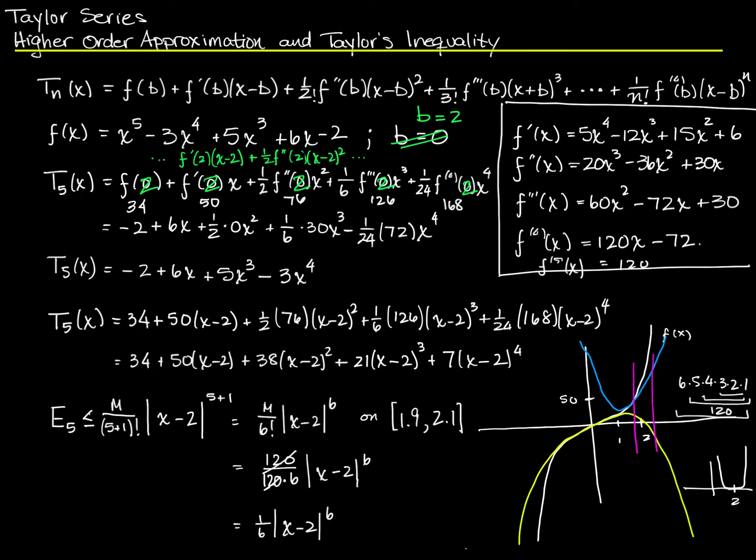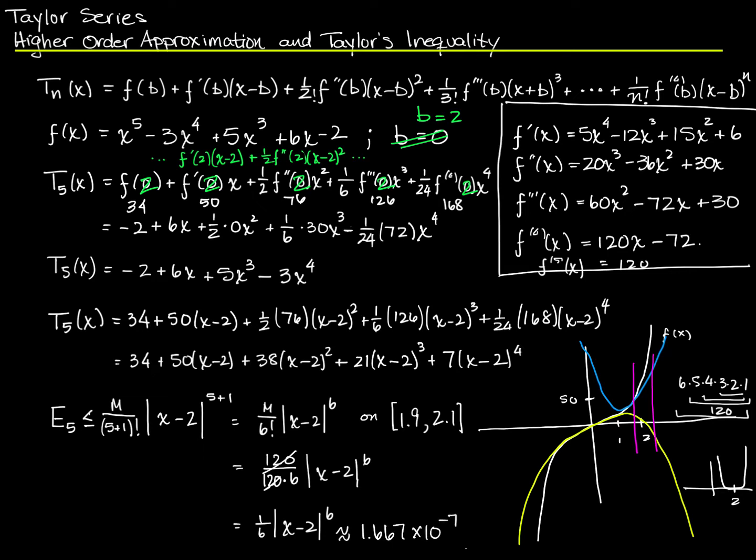Those are 1.9 and 2.1. So if I figure out what the values are at 2.1, we have 1.667 times 10 to the negative 7.